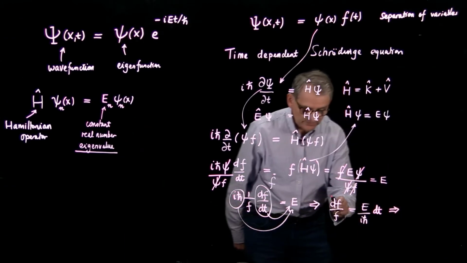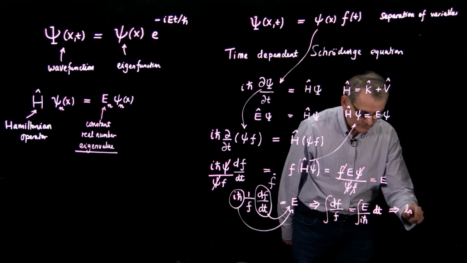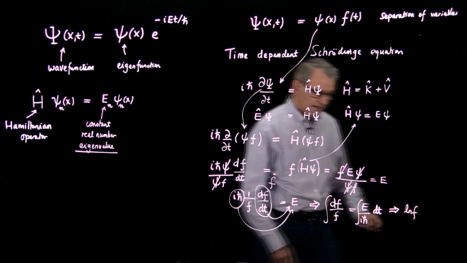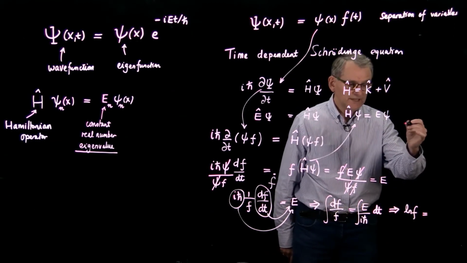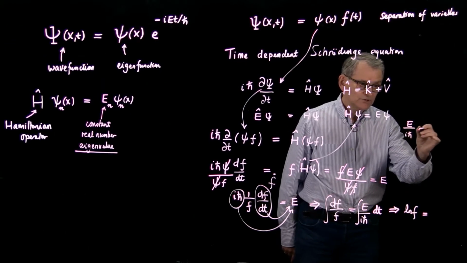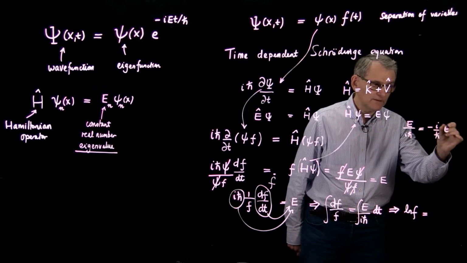If I integrate both sides, I get log of f, because the integral of 1 on f is log of f. And then, just to remind you, I have E on i h bar, which I can also write as minus i on h bar E. Why?